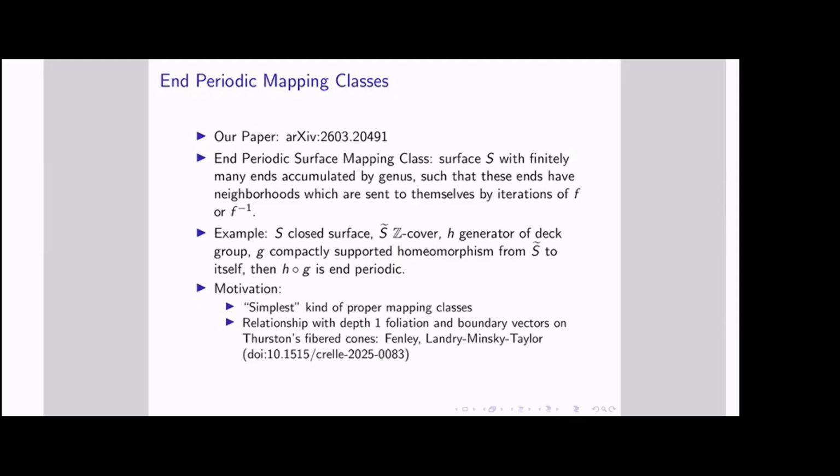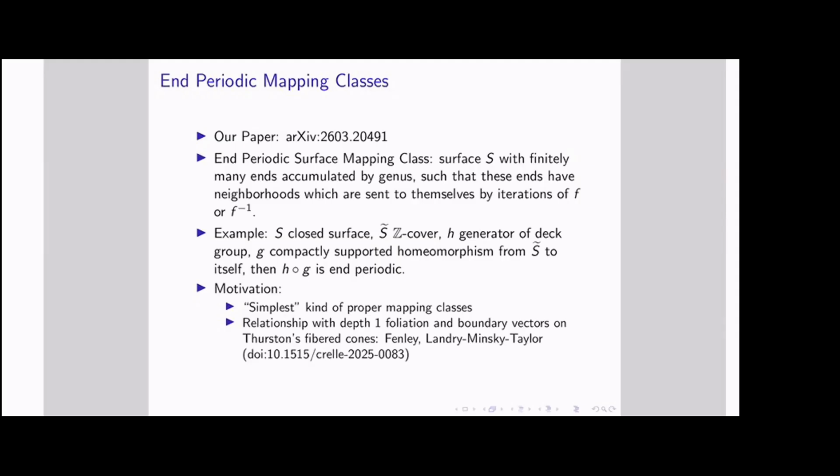We can consider a surface of finite type, and then consider the mapping classes, homotopy classes of self maps from the surface to itself. But if we want to consider infinite type surfaces, we have the corresponding concept of a proper homotopy equivalence and also proper mapping classes. But in general, studying proper mapping classes is going to be difficult.